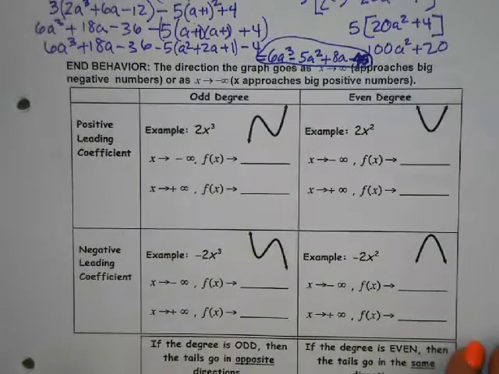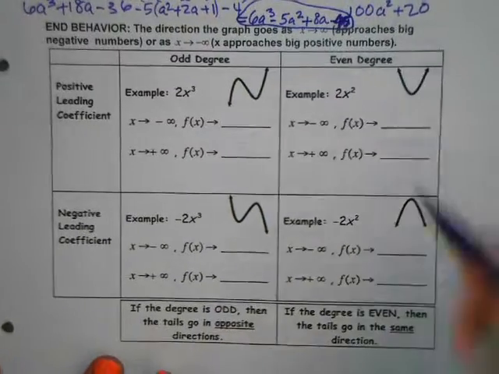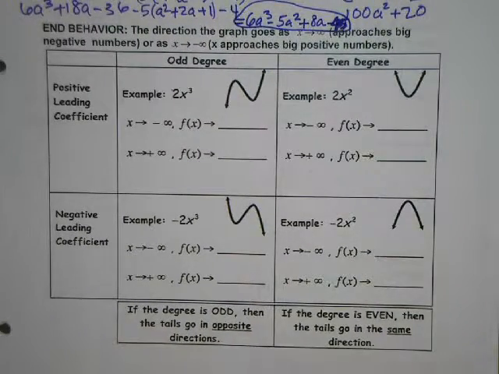Okay? So I'm going to focus on even first because we're used to seeing even. What is the most common even polynomial function we're used to seeing? The parabola, right? Well, parabola is x squared. We know a parabola is either a smiley face or a frowny face, right? So what are the end behaviors doing? Are they in the same direction or in the opposite direction?